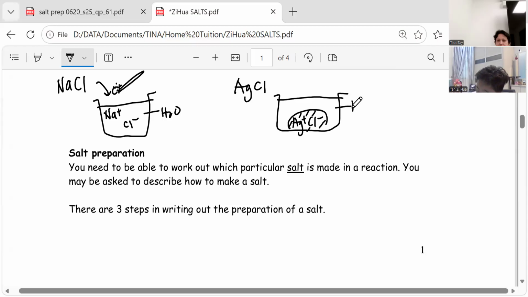So in water, it's just a solid. A solid like this is called a precipitate. I'll explain in a while. Okay? All right. Copper 2 carbonate, soluble or insoluble? Insoluble. Okay.